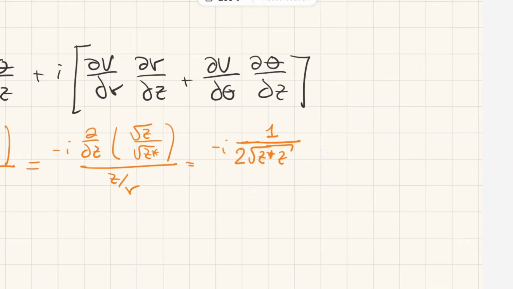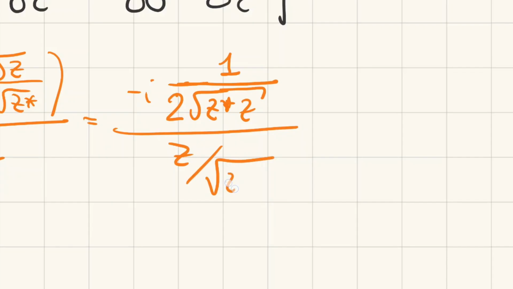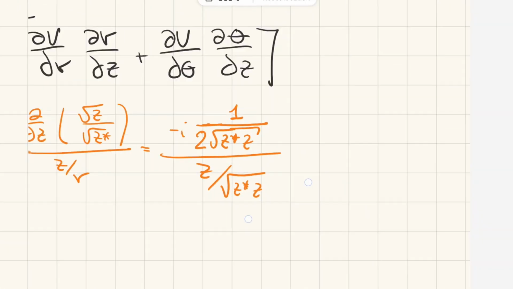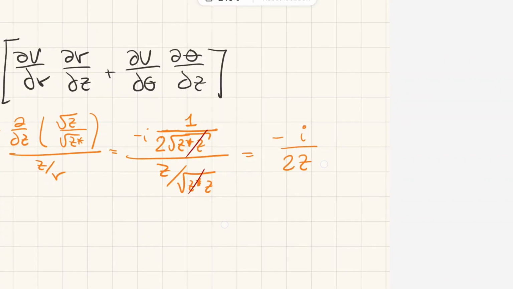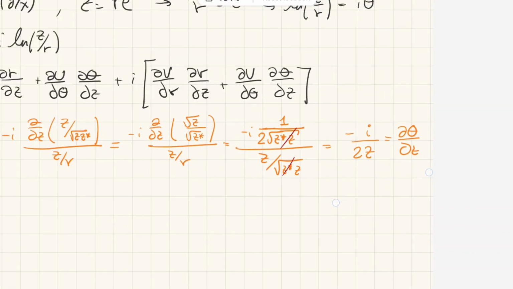Okay, perfect. So this is divided by z over r, which is the square root of z conjugate z. So if we simplify, we can cancel these elements to get that this is minus i divided by 2z. Perfect. And recall that this is the derivative of theta with respect to z.